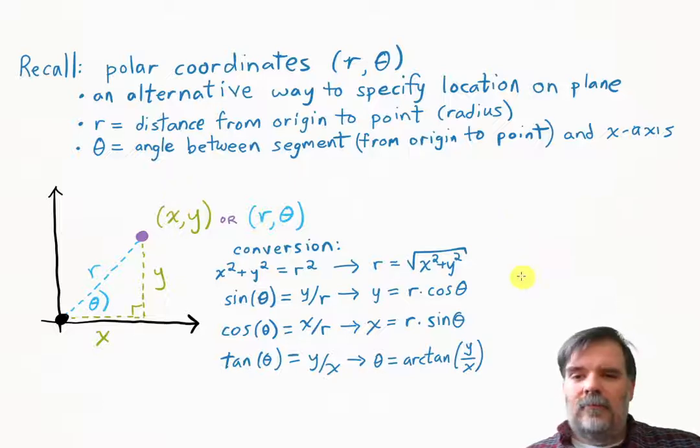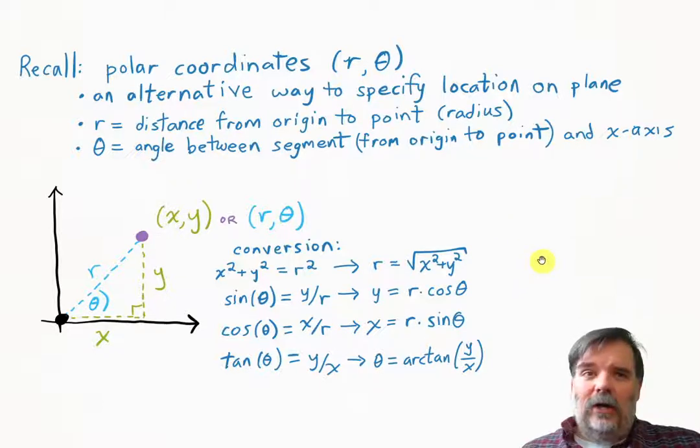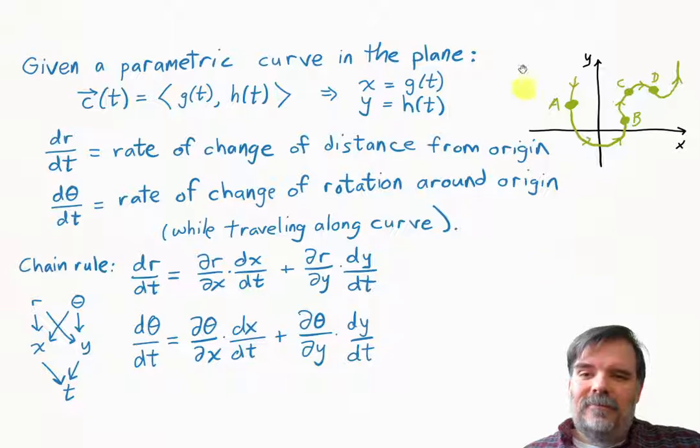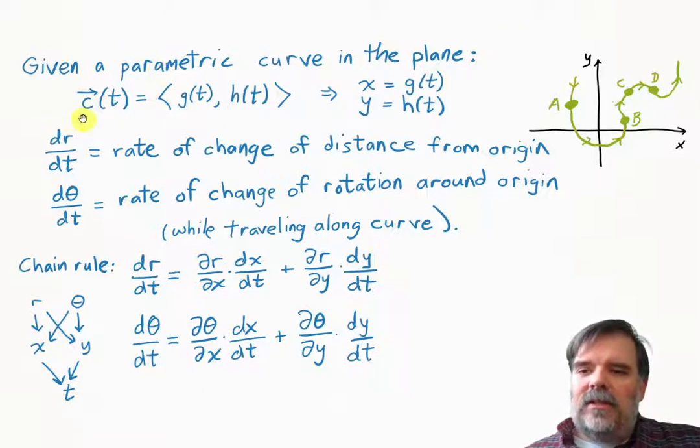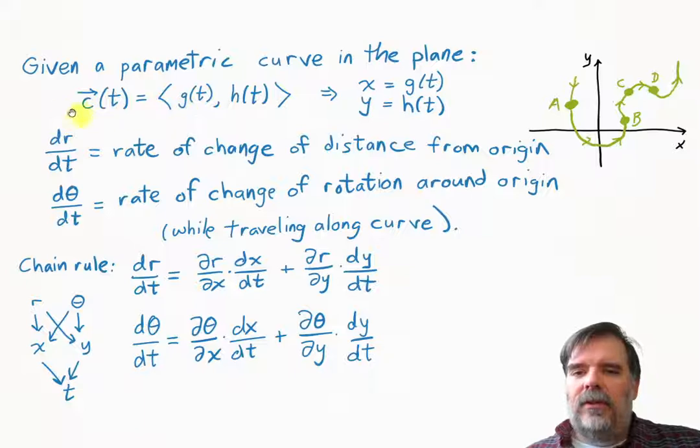Now, why is this useful in talking about the chain rule? Well, these derivatives with respect to r and theta give you different information about a curve. So let's say, for example, we have some vector function, c of t, representing a parametric curve in the plane. The x-coordinate is given by the function g of t, and the y-coordinate is given by the function h of t.